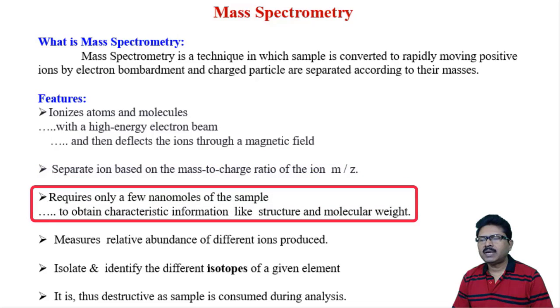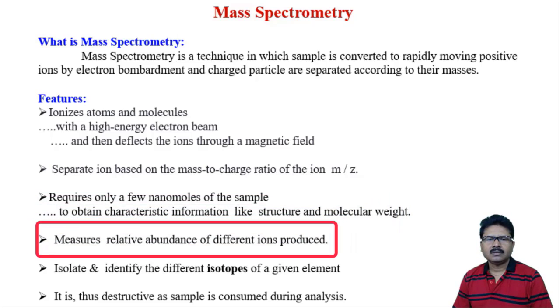Mass spectrometry is very sophisticated and requires only a few nanomoles of the sample to obtain characteristic information like structure and molecular weight. This mass spectrometer gives the relative abundance of different molecules and atoms. Relative abundance means how much relative amount of different molecules and atoms there are in the sample.